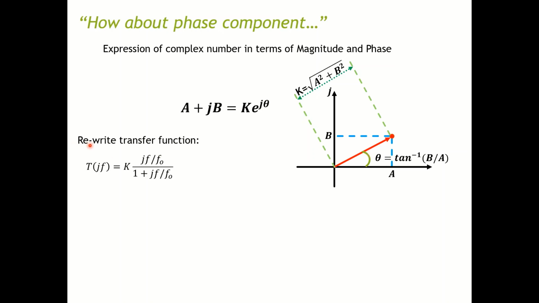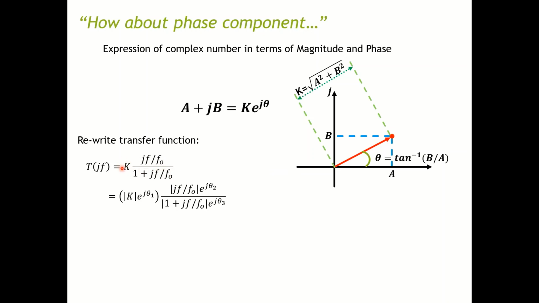So let's rewrite our transfer function. I write again the transfer function that we have here, with the 2 pi up and down cancelling. Here you can see we have 3 terms: the first term, the numerator term and the denominator term.